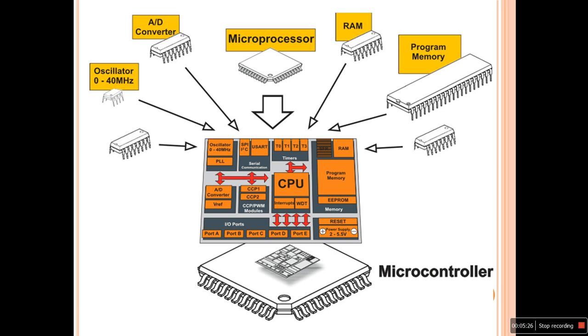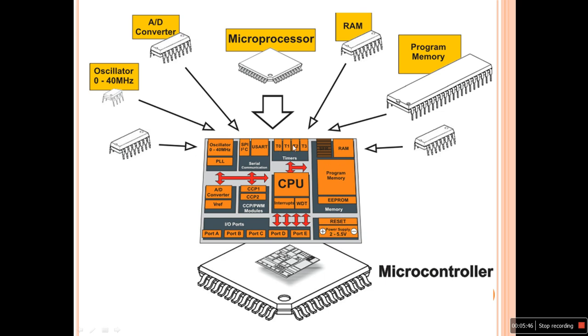Let's see. This picture tells you about the microcontroller, which has everything in one chip. It has a CPU, it has a memory area, which is RAM, ROM. So this is the memory area here.